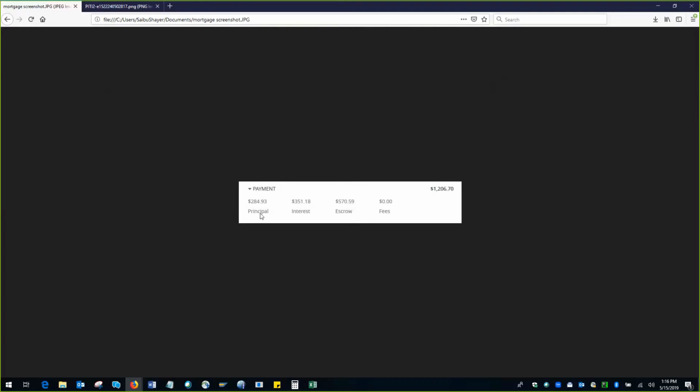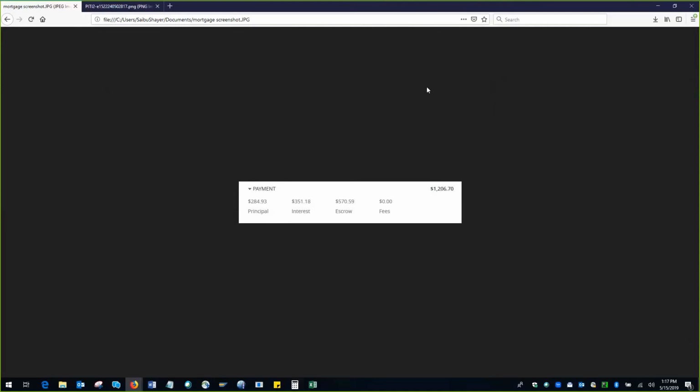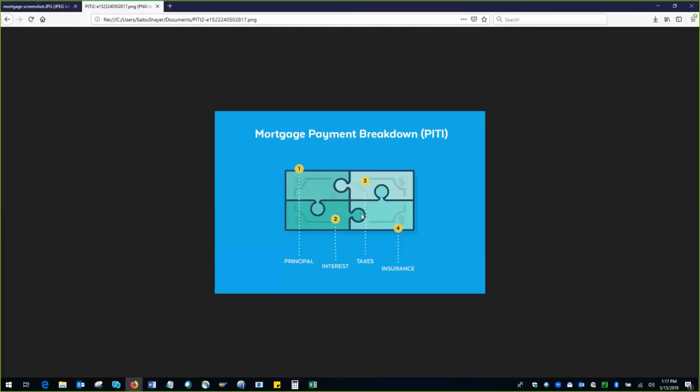Because your principal and your interest, like we said, always add up to the same total. So why would it go up every year? It would go up because of your tax and your insurance. In most cases, every year the county or the government increases the taxes on your property because the value of your property usually goes up by a little bit.